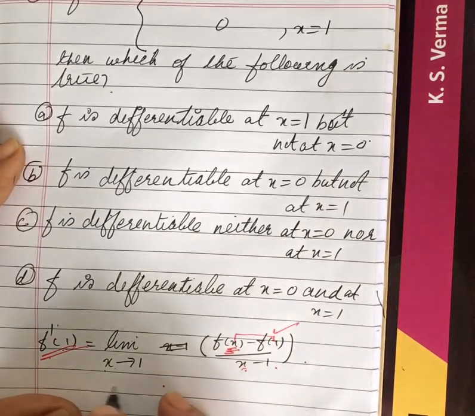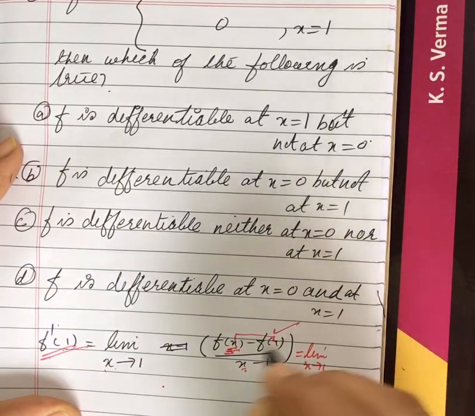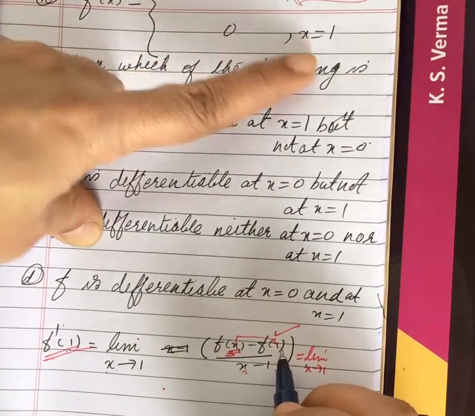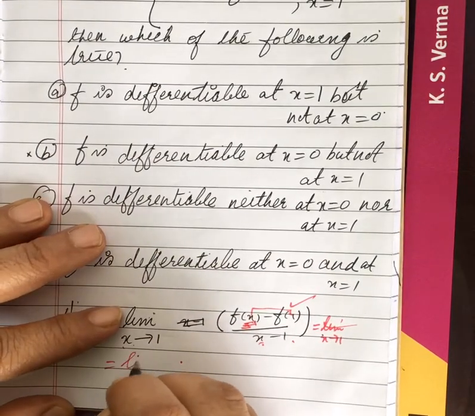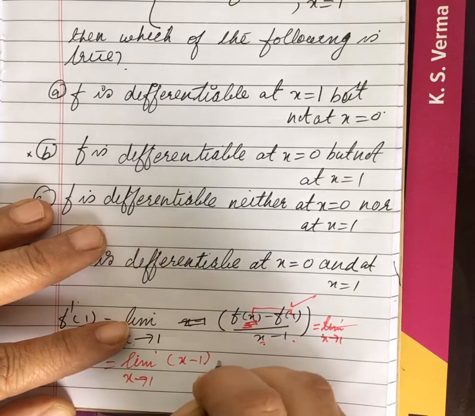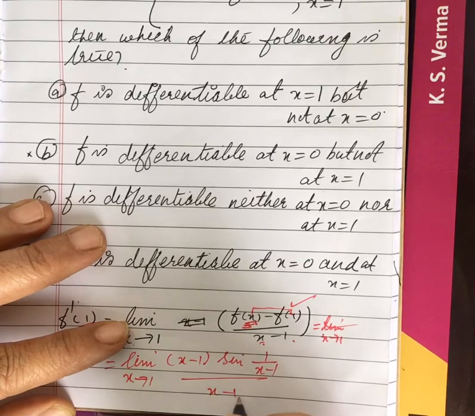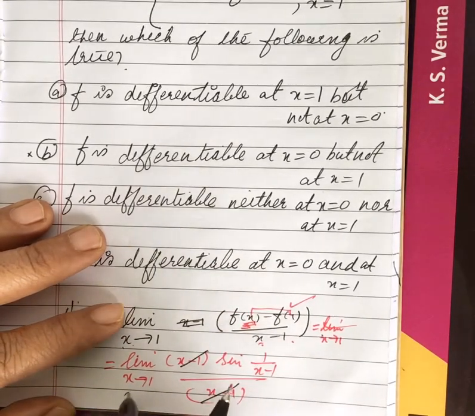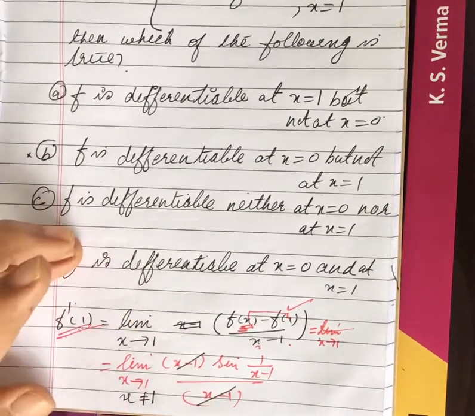So that is equal to limit x tends to 1 of f of x minus f of 1, and f of 1 is 0. So you will be getting limit x tends to 1 of x minus 1 into sine 1 by x minus 1, divided by x minus 1. And x minus 1 will cancel because x is not equal to 1, so x minus 1 is not equal to 0.